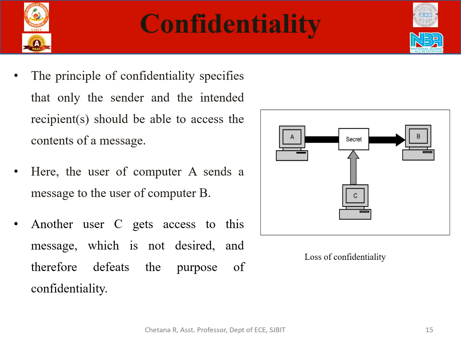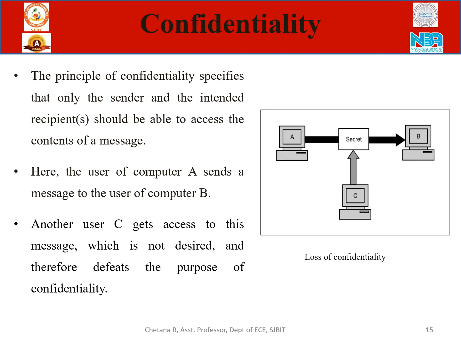Next, we talk in detail about confidentiality, integrity, availability, etc. Let us begin with confidentiality. As I told, A is there, B is there. A is sending some secret information to B. C is the hacker. C is trying to come in between A and B through the network, and he steals the information.